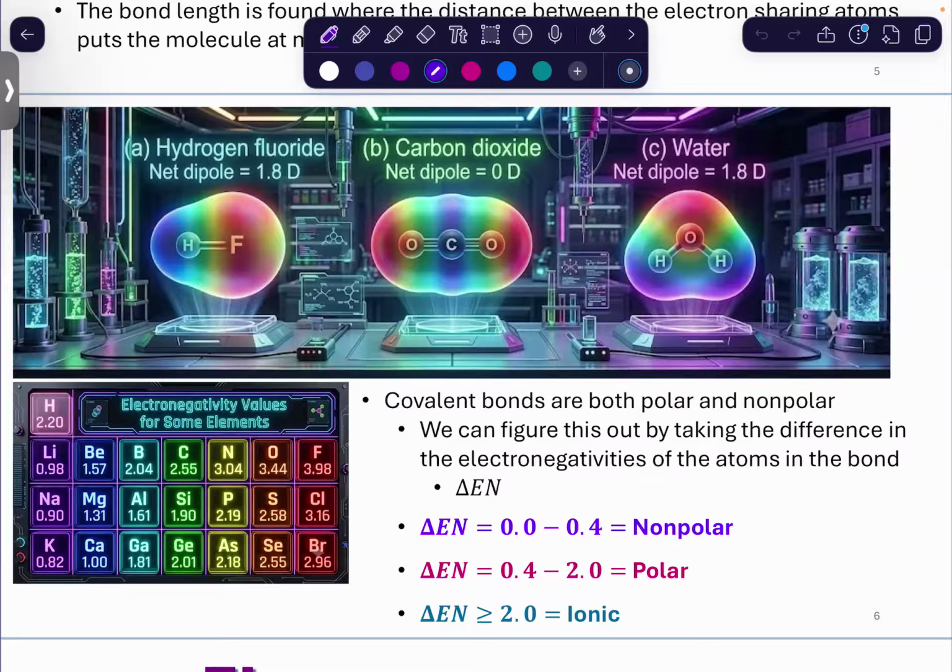If you have a difference of 0 to 0.4, your bond is nonpolar. 0.4 to 2.0, your bond is polar, and anything equal to or above 2.0, you have an ionic compound. For example, here we have hydrogen fluoride at the far left.